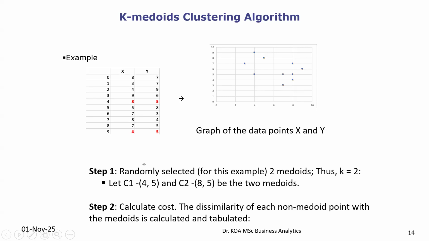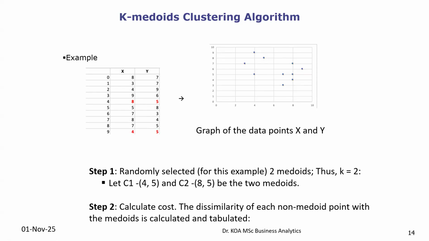The first thing you want to do now is to randomly select the medoids. Again, you have to decide ahead of time how many medoids, just like in k-means selection. So you take two groups. You select k to be two groups.